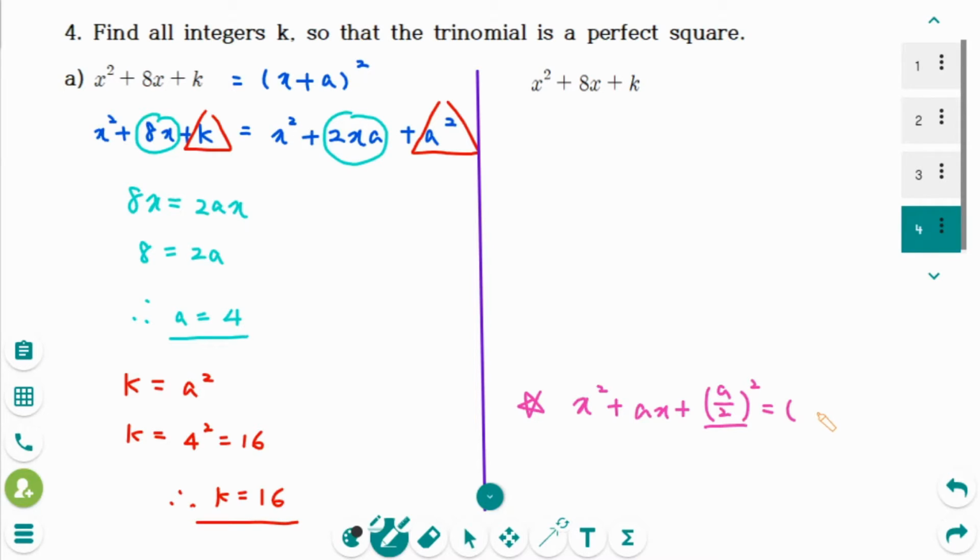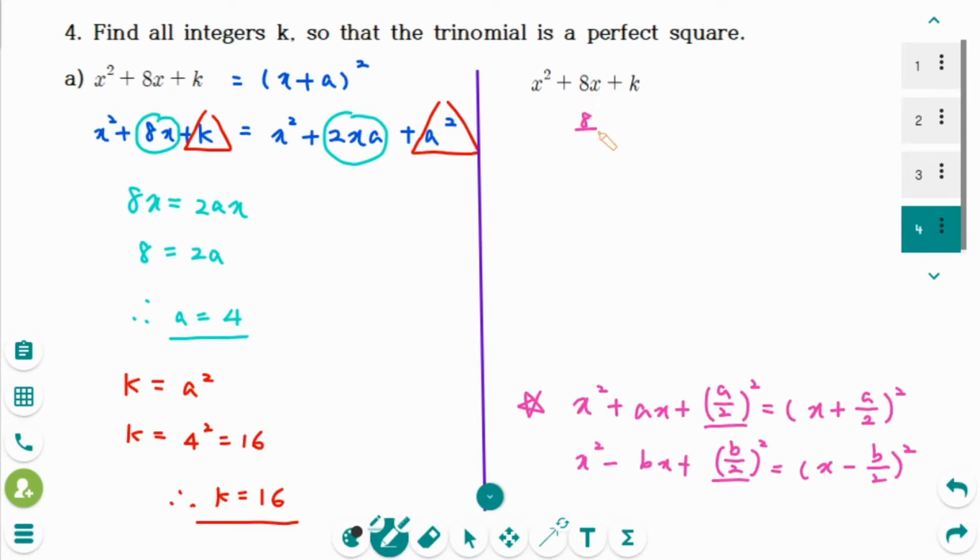The factored form is x plus a over 2, squared. Or x squared minus bx plus something: this one must also be the middle term divided by 2, then squared. The factored form is x, with the minus sign, then minus b over 2, squared. So this one must be a perfect square.